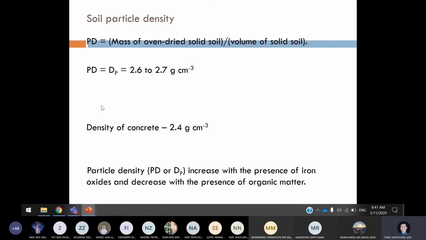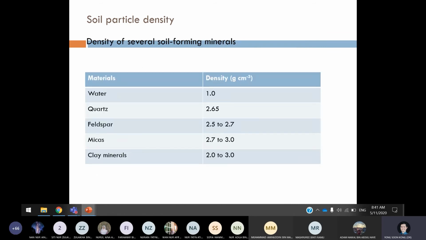So I am going to move on to the next slide. These are examples, if you're comparing the density between different materials, different minerals, you can see water having 1 gram per ml density. So that's the standard. And when water has a lot of dissolved components inside, its density also will increase accordingly.